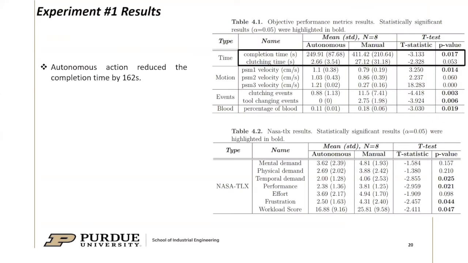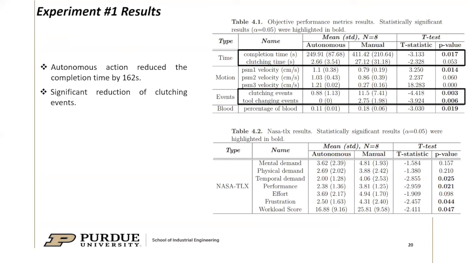The main finding of our experiment was that our autonomous system led to a reduction of the completion time compared to the manual operation of the suction tool. Users were able to perform the task 162 seconds faster. We also found a significant reduction of the clutching events.